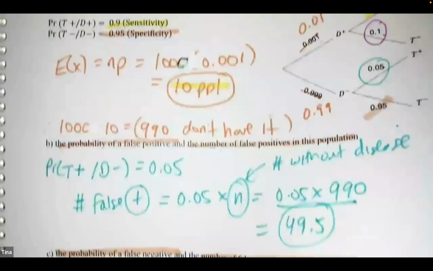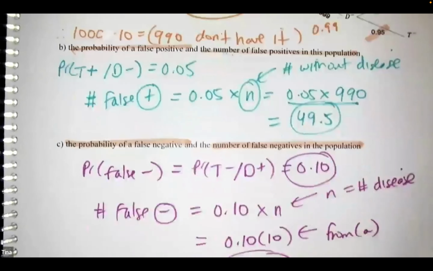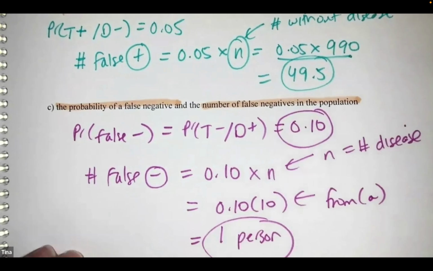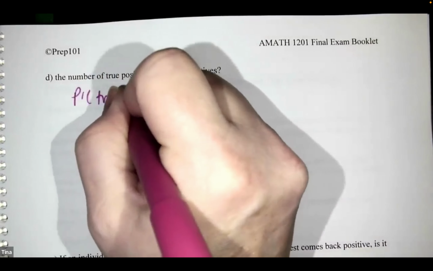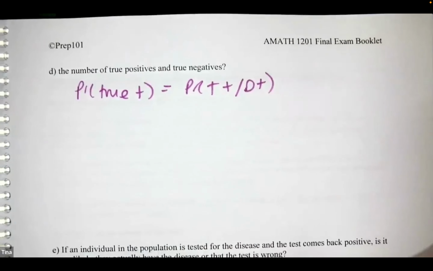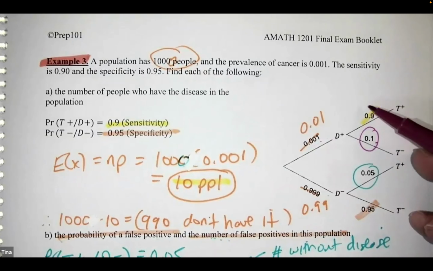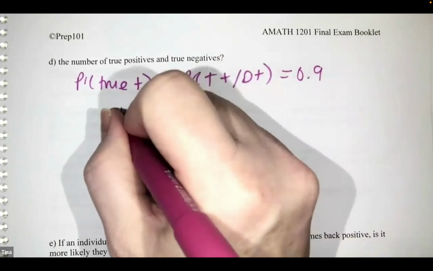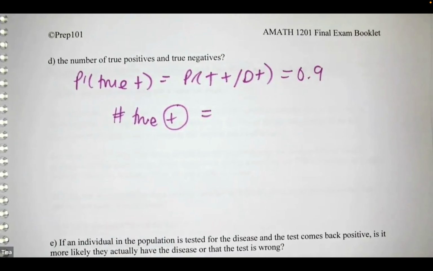Okay, and then D, we're going to have to flip back and forth. The number of true positives and true negatives. Well, if we want the probability of a true positive, that means you test positive given that you have it, right? Which, look at your tree. We've got 0.9, test positive given you have it. So what's your number of true positives then?